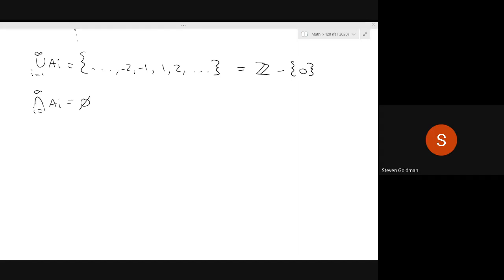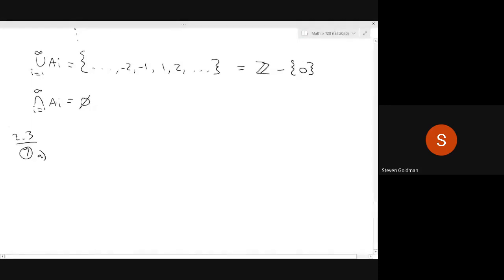Okay, so in 2.37 part A, you were asked to find the domain and range of the following functions. So what is the domain and the range? In part A, you were given the function that assigns to each pair of positive integers the maximum of these two integers.